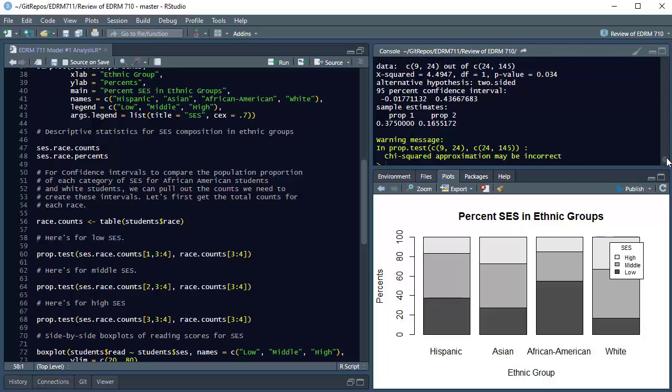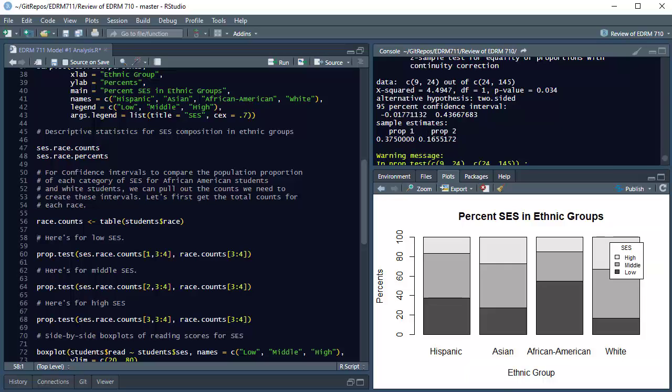But it's possible that if we were to look at the nation, we'd find out that there would be either very little difference. Notice this is only negative 0.02 between the two, or it could be as high as Hispanic having 44 percentage points higher low SES than whites do.